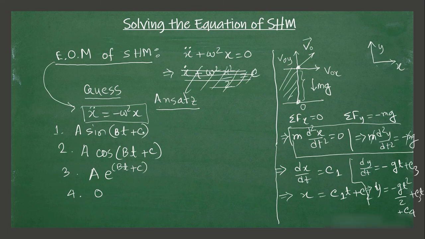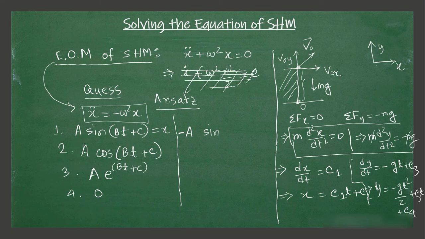So let's take the first one as our solution. So we'll write it to be equal to x, the solution. Now, in order to put this thing in this equation of motion, we have to take the second derivative with respect to time, okay? So we can write down the left hand side of this equation to be the constant a. If you differentiate with respect to time, you should get cosine, and the double derivative should give you sine back, but with the minus sign, so we'll have minus sine.